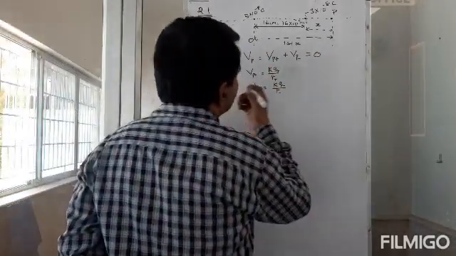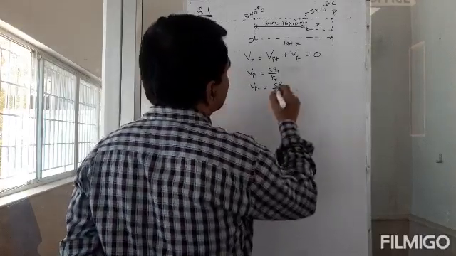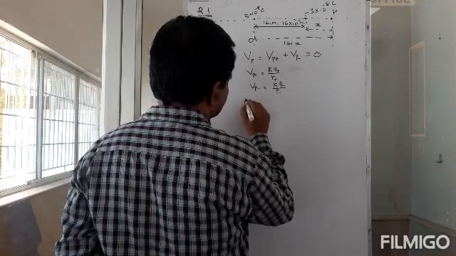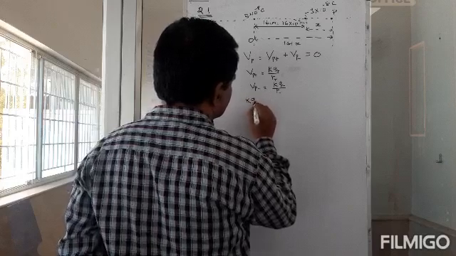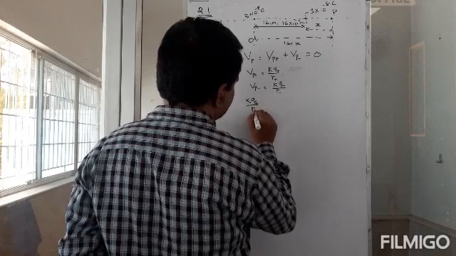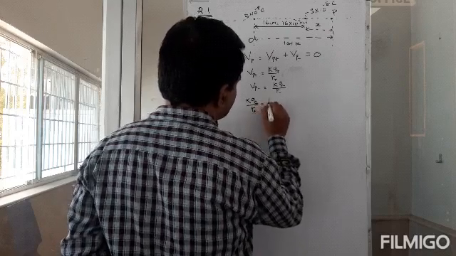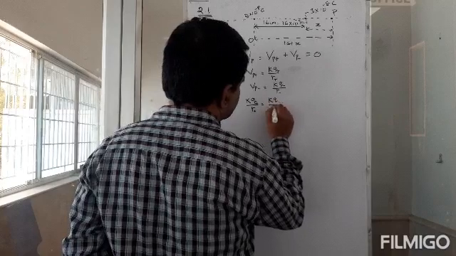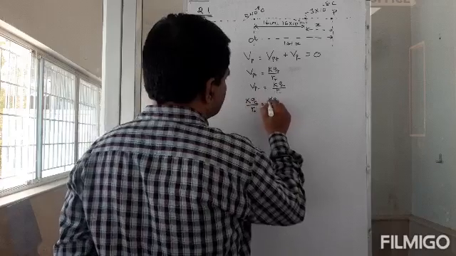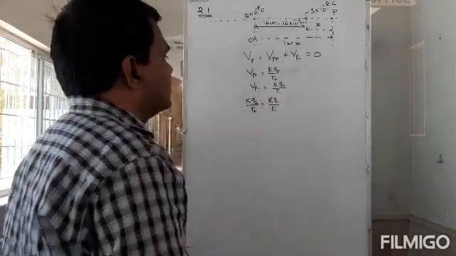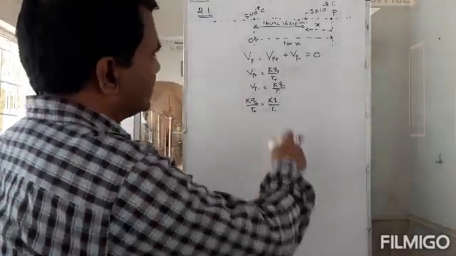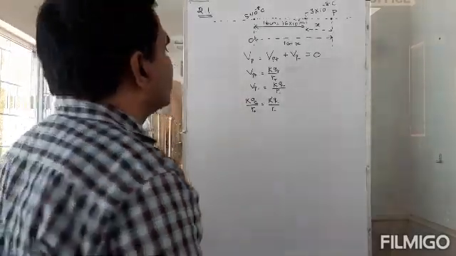So what I'm going to get here is K Q plus by R plus is equal to K Q minus by R minus. K will cancel, so R minus into Q plus must be equal to Q minus into R plus, right?